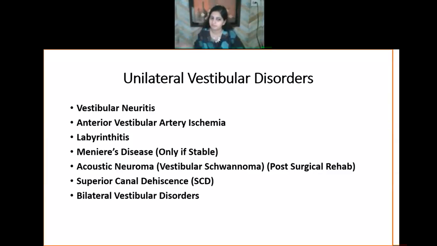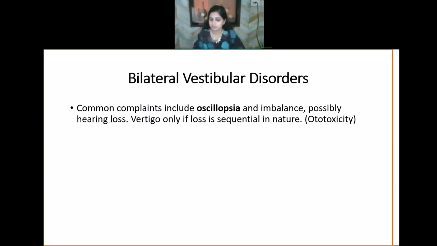And bilateral vestibular disorders. Bilateral vestibular disorders usually occur with ototoxicity. If you have heard, it's very common in Canada or the UK because of streptomycin or gentamicin, or because of cancer treatment, medication, toxicity.